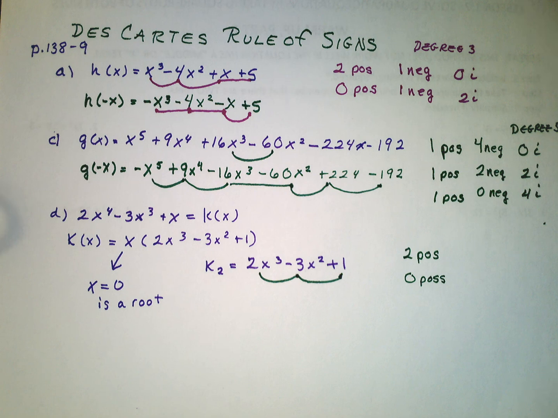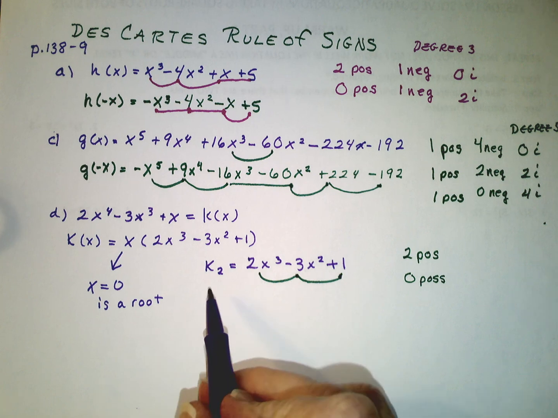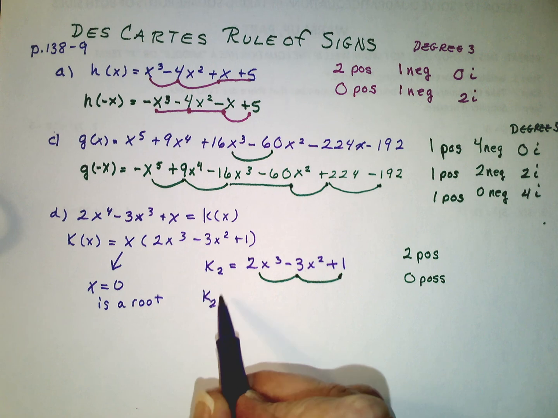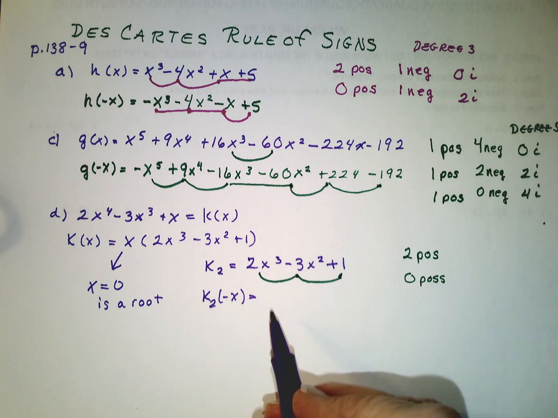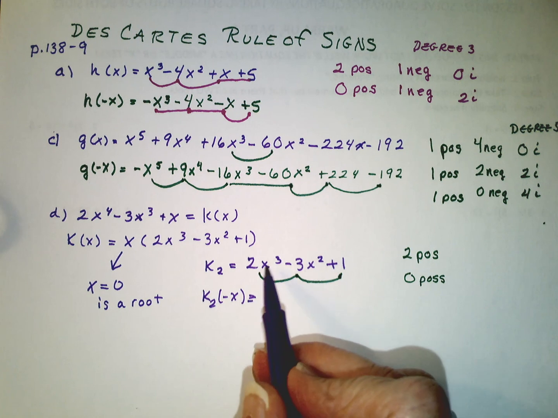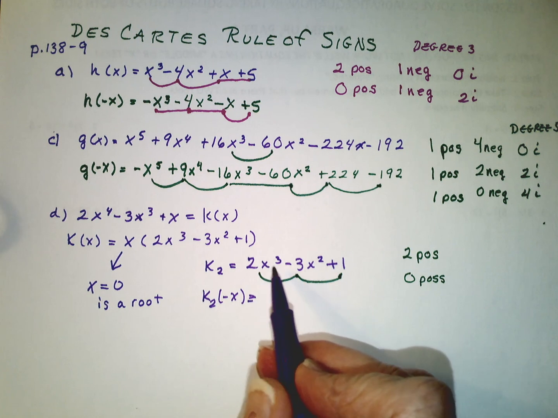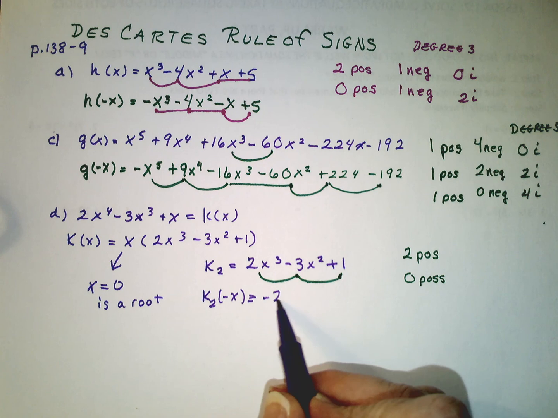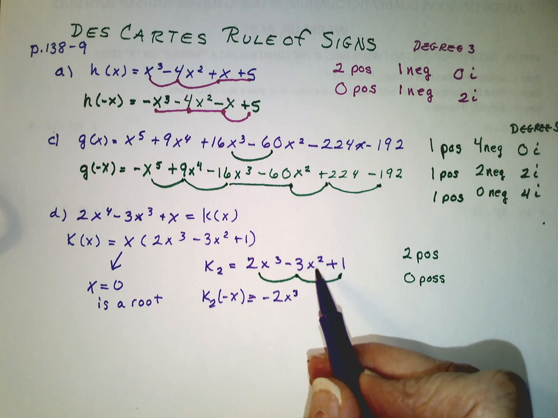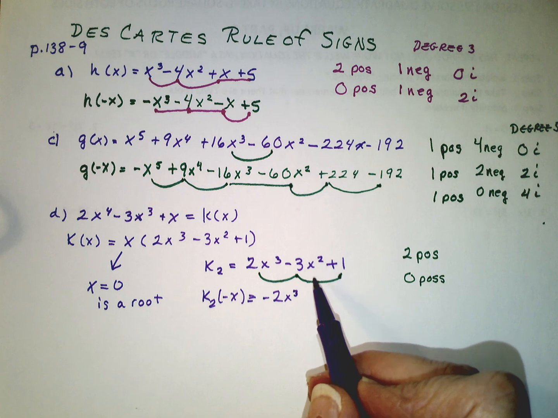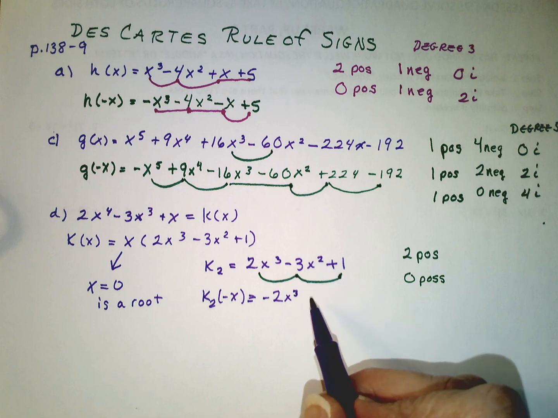To find how many negative roots, we're going to put a negative x in and see what happens. So when you cube a negative number, you're going to get a negative times 2. That's going to be a negative 2x cubed. When you square a negative, it becomes positive, times negative 3.